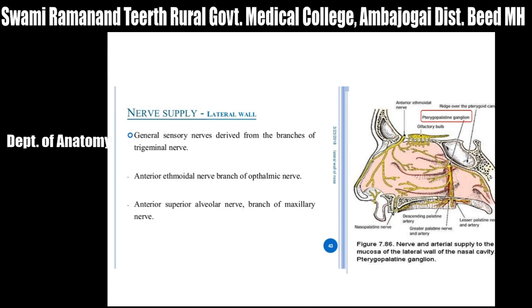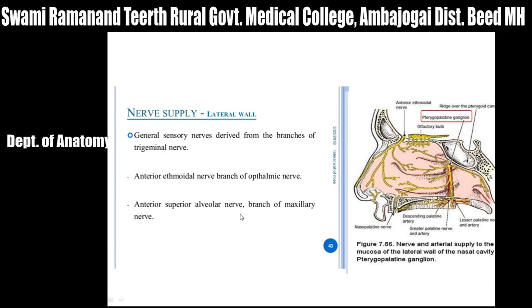There is a special sensation, that is the sensation of smell, which is carried by a cranial nerve, the olfactory nerve. General sensations are carried by branches of the trigeminal nerve. It is supplied by the anterior ethmoidal nerve, a branch from the ophthalmic nerve, which supplies the anterior part.